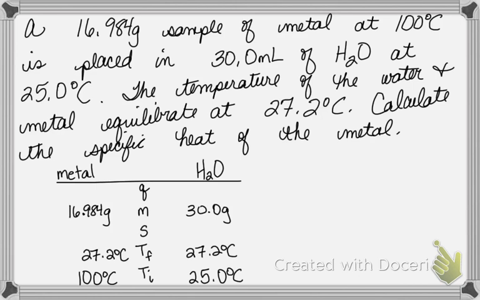And we're asked to calculate the specific heat of the metal. Okay, that's a question mark. So that's what we're looking for. We don't know the identity of the metal, so we can't look up the specific heat in the table.